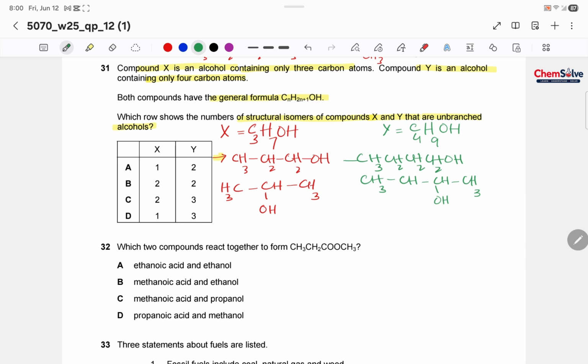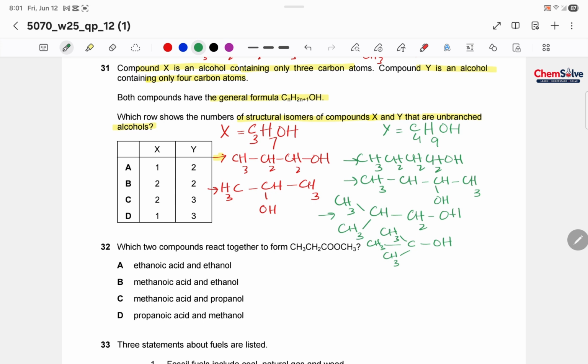This is the second isomer. Okay, so the third isomer would be we can put these 2 carbons like this in a branch. This is the third one, and the fourth one would be we can make the tertiary alcohol like this.